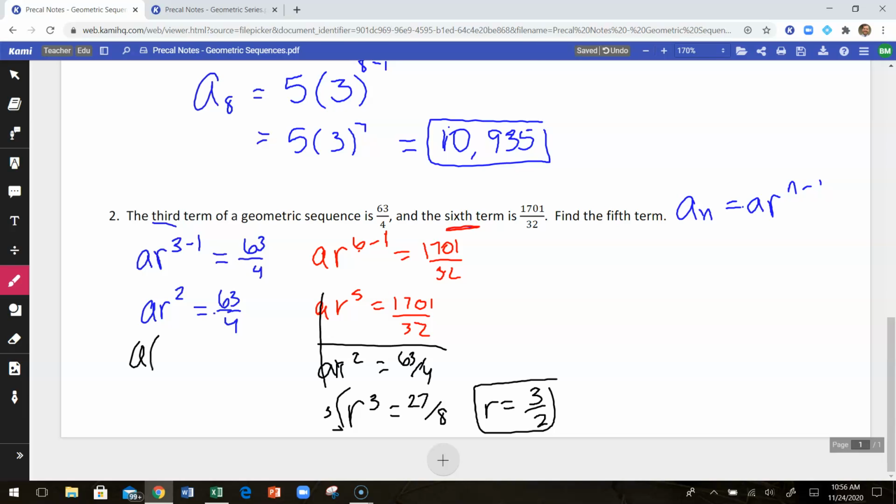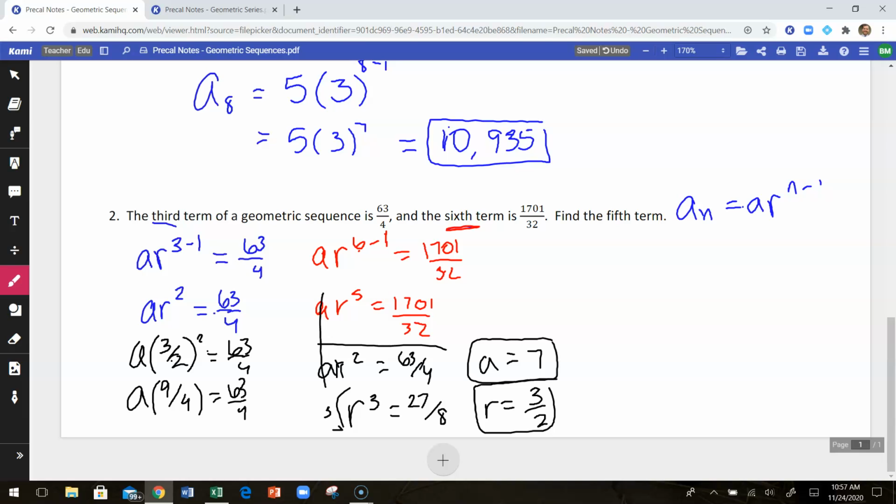A times 3 halves squared is equal to 63 fourths, and I'm looking for A. If I square 3 halves, I get A times 9 fourths is equal to 63 fourths. So what times 9 fourths equals 63 fourths? That means I need to multiply by 7. So A is 7.